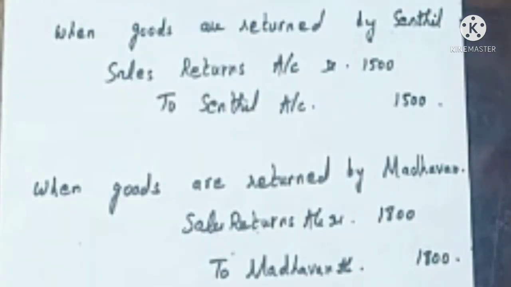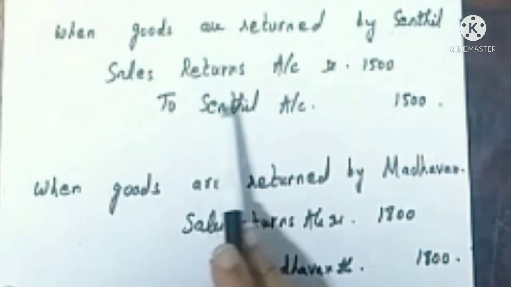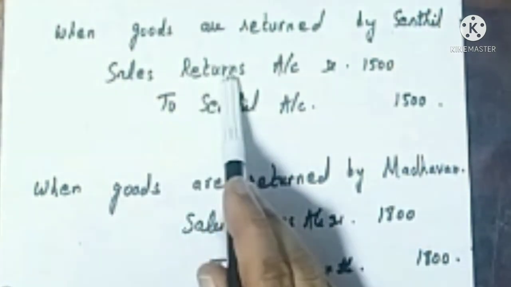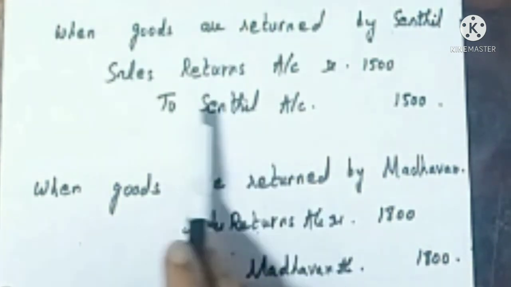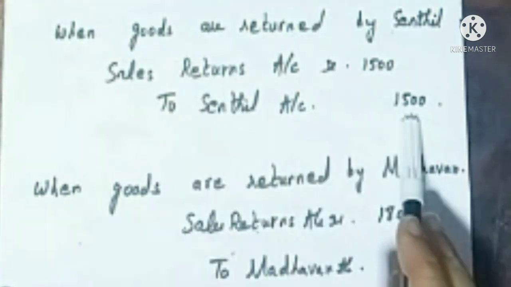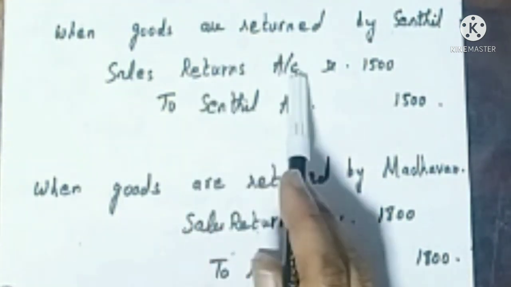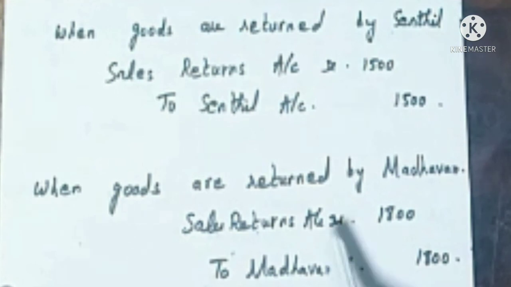So while preparing the sales return account, we have to write it on the debit side to Sendil 1,500, and again on the debit side to Madhavan 1,800, because sales return account is debited.